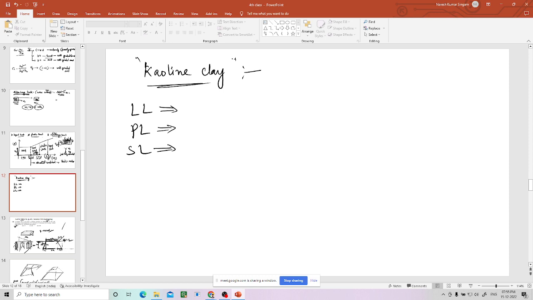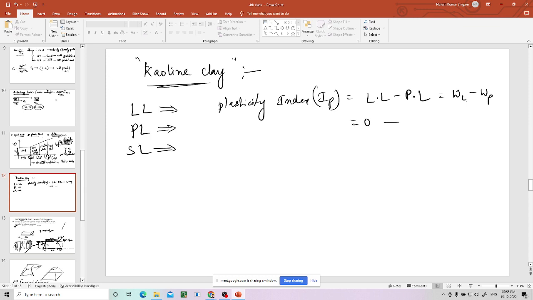So you will find out the plasticity index, which is denoted by IP, which is liquid limit minus plastic limit. You can also write WL minus WP. Liquid limit is nothing but water content, that's why it is W. In the same way, if IP is 0, it is non-plastic.